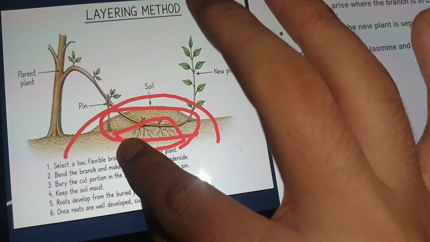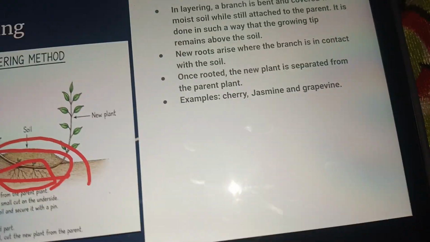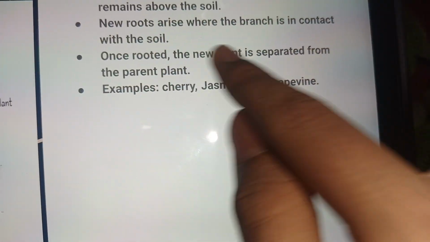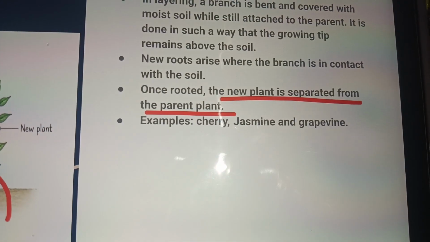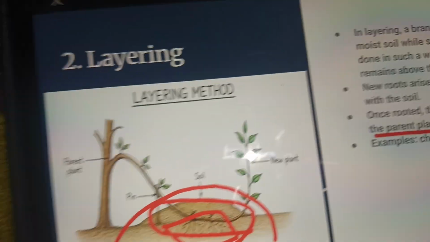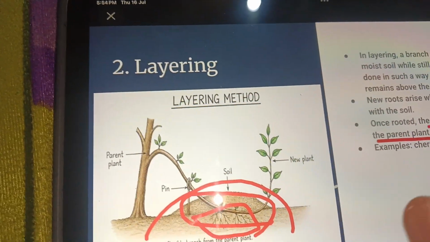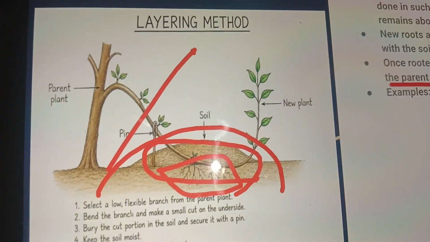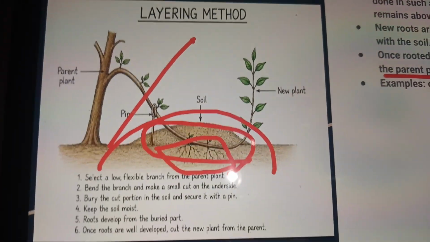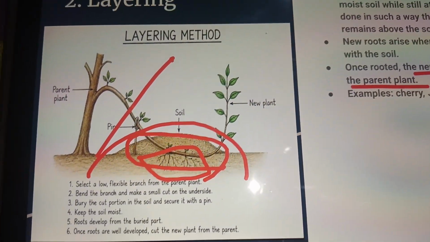Can you see the new roots? Once rooted, the new plant is separated from the parent plant. Once it is completely rooted, completely grown, it can be cut, and it can live an independent life now.